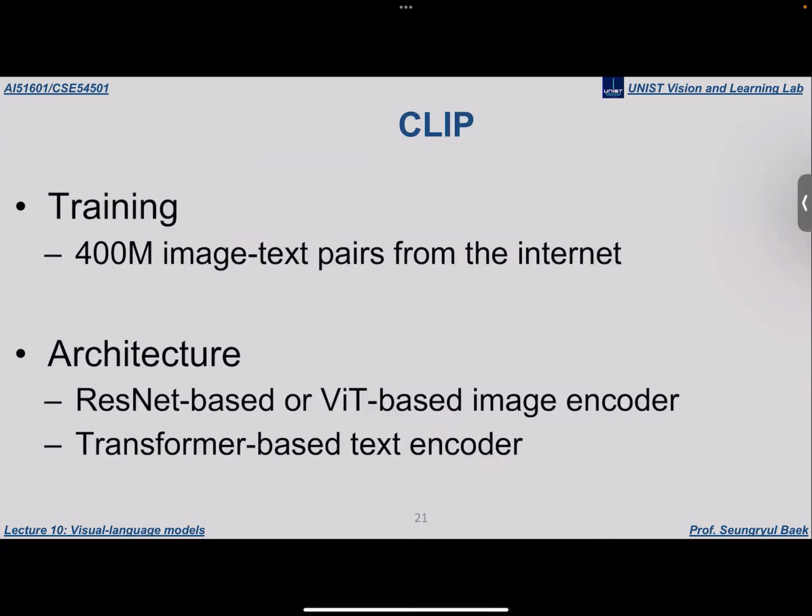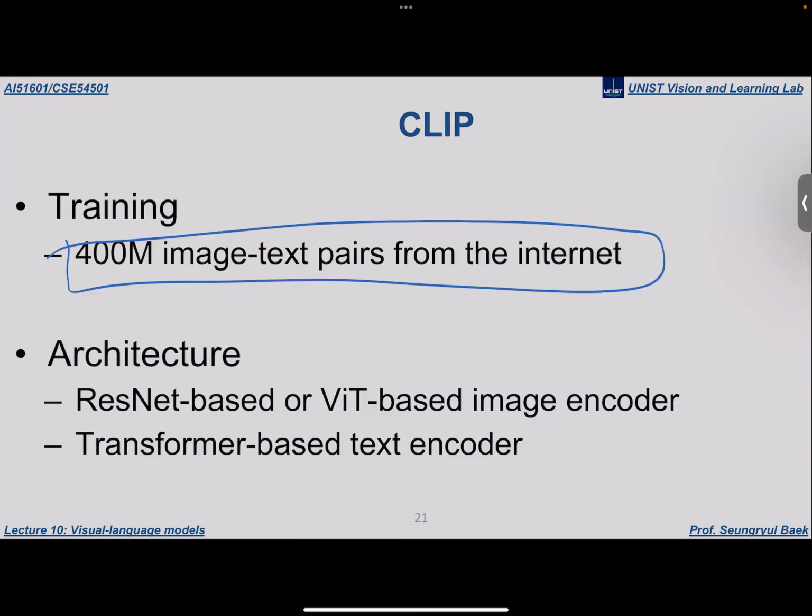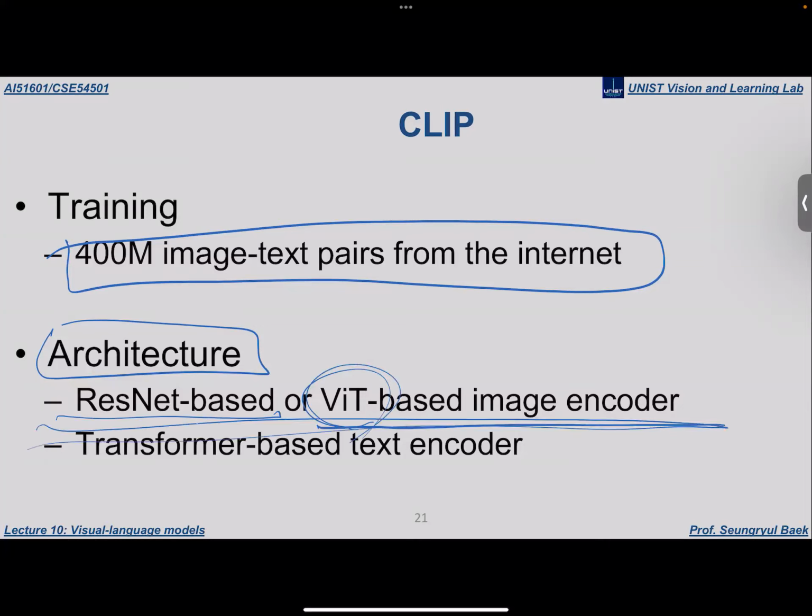So the paper collected a lot of image and text pairs, which is actually 400 million. And they use ResNet or ViT, which is the Vision Transformer, for the image encoder, and for the text encoder, they use the transformer.